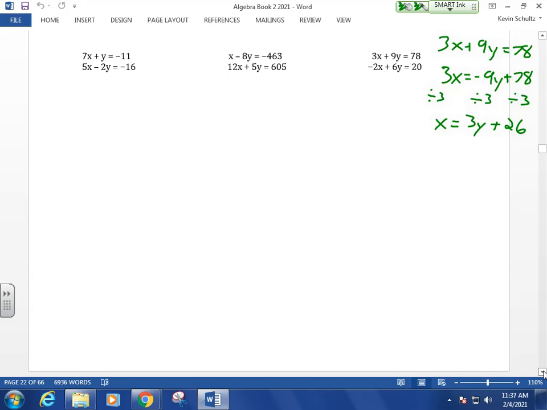Okay. So how would you know, by looking at that equation there, that you want to get x by itself? Or what's maybe an alternate method you could use to kind of efficiently start this? Yeah. Right. We can see here that the greatest common factor of 3, 9, and 78 is 3. 3 goes into all of them.